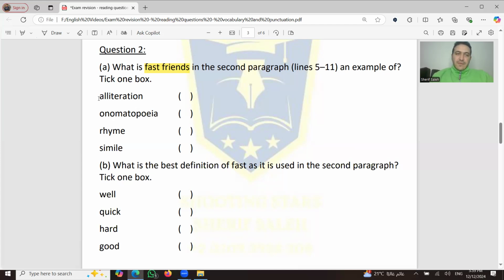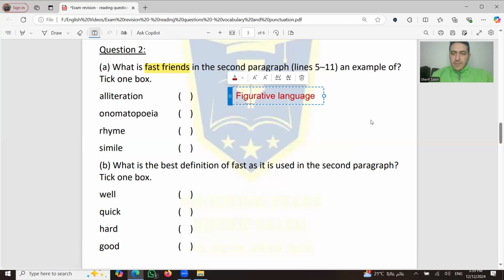And I have the choices here: alliteration, onomatopoeia, rhyme, and simile. Here we are talking about, yes, types of figurative language. So we are talking about figurative language.